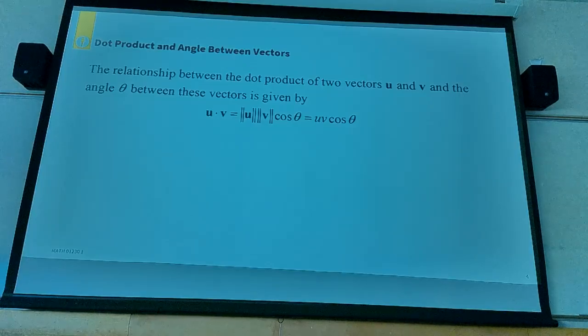So let's say there's vector u. We're going to draw the two vectors in such a way that their initial points are the same. That would be the angle between them.